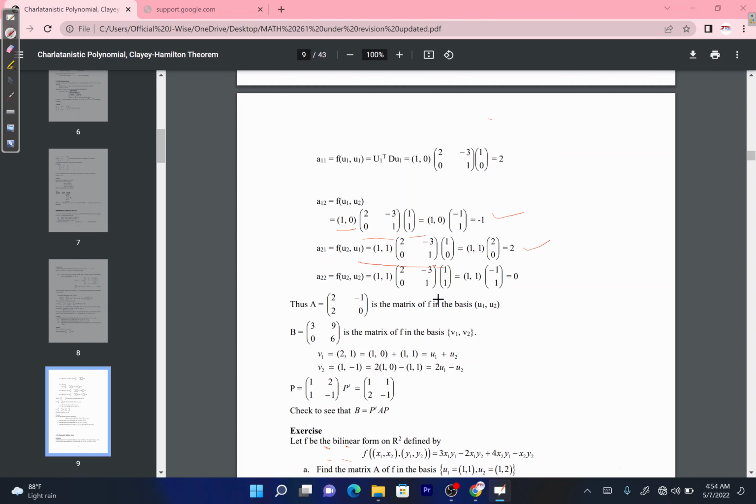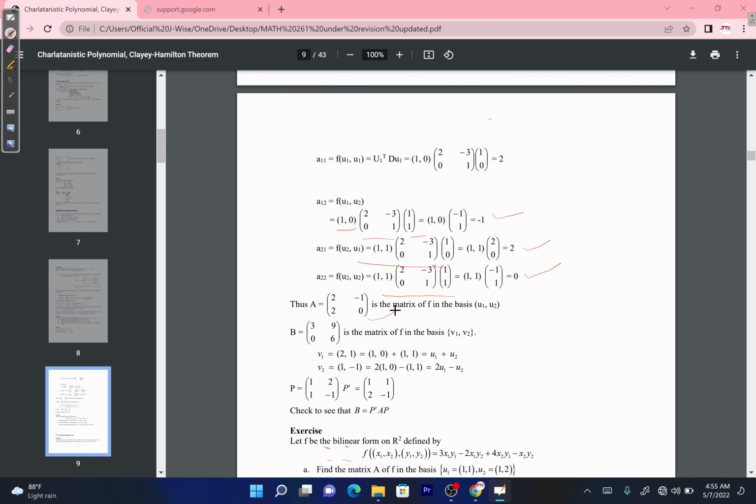A22 is u2 transpose D u2. When you solve it, you get 0. So now we know our A11 to be 2, A12 to be -1, A21 to be 2, and A22 to be 0. So we can form our matrix A.